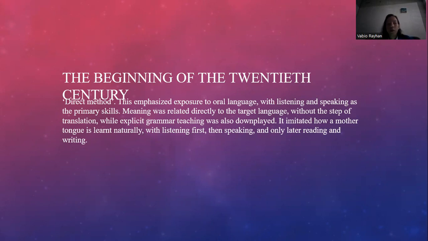Meaning was related directly to the target language without the step of translation, while explicit grammar teaching was also downplayed. It imitated how a mother tongue is learned naturally, with listening first, then speaking, and only later reading and writing.